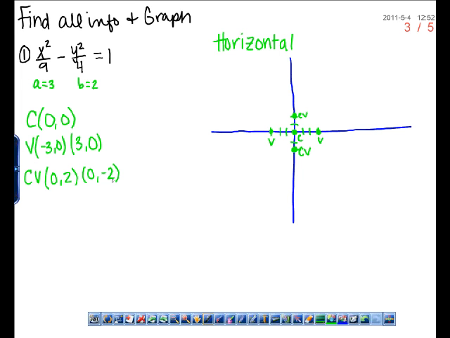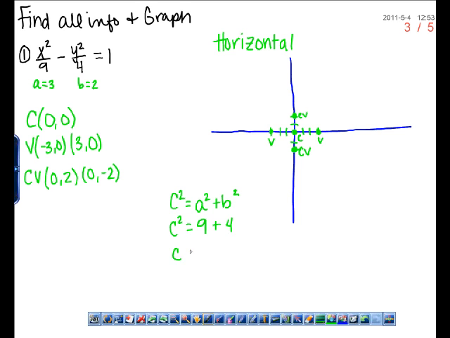Now we want to plot our foci. Okay? So in order to find my foci, what's the equation I use? C squared equals A squared plus B squared. So C squared equals, what's A squared? 9. What's B squared? 4.